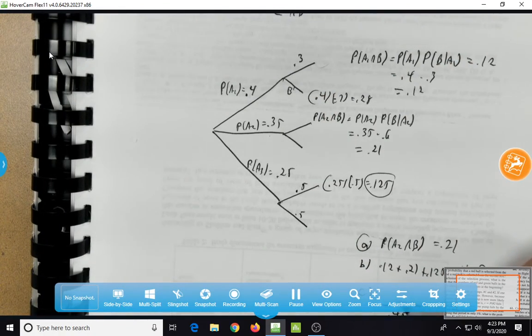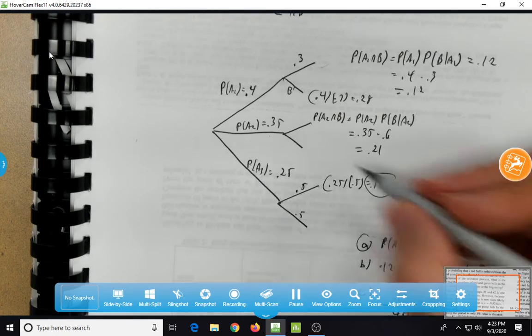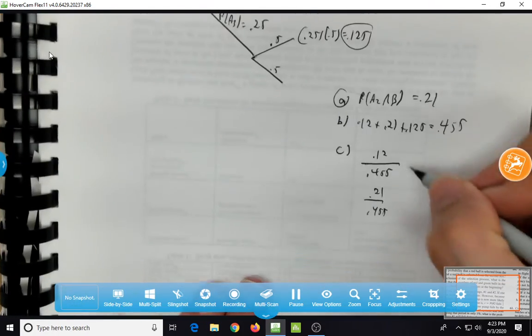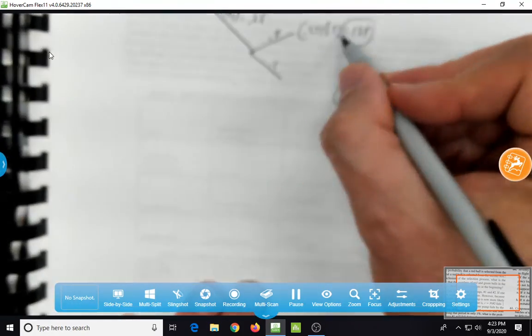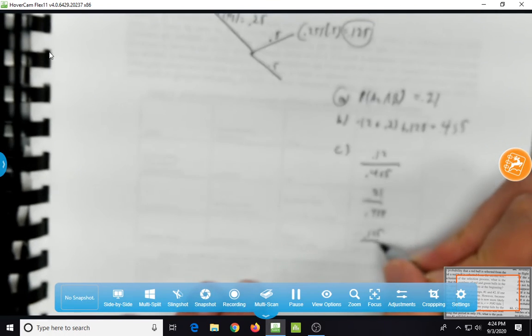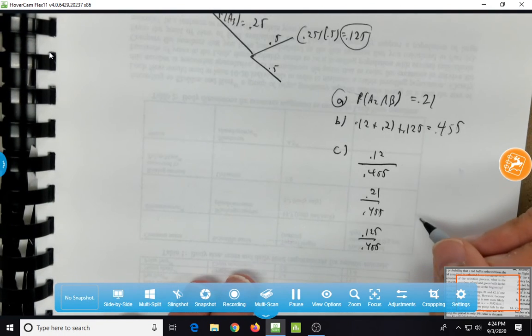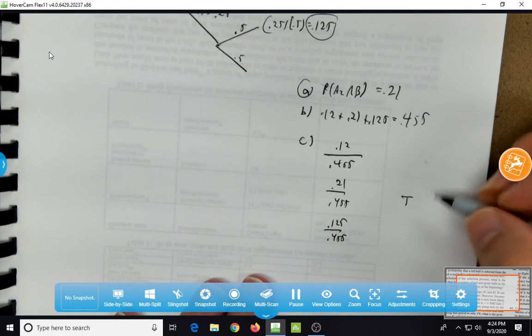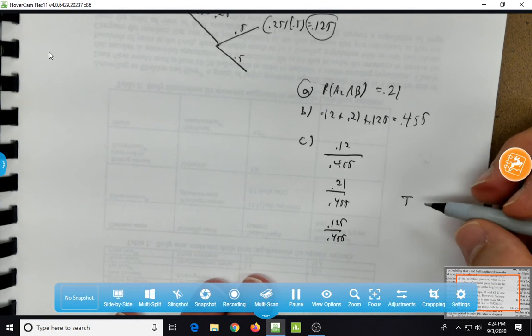So this one was 0.12 over 0.455. This one we went up on this branch, we get 0.21 over 0.455. And then the last one, we go down this branch and we get 0.125 over 0.455. And we get the same answers as we got before. And just as a reminder, these should all sum to 1.